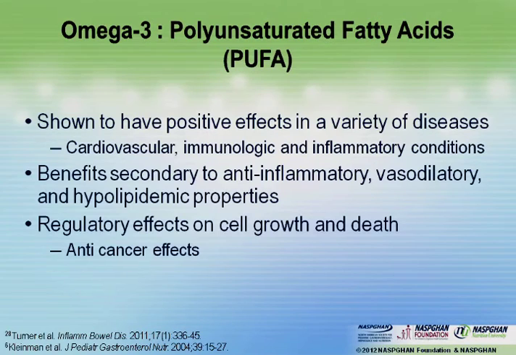So, omega-3 polyunsaturated fatty acids have been shown to have positive effects in a variety of diseases: cardiovascular, immunologic, inflammatory, and the benefits are secondary to anti-inflammatory, vasodilatory, and hypolipidemic properties. It's thought to have regulatory effects on cell death and growth, and have some anti-cancer effects.